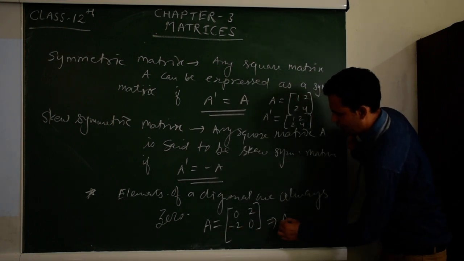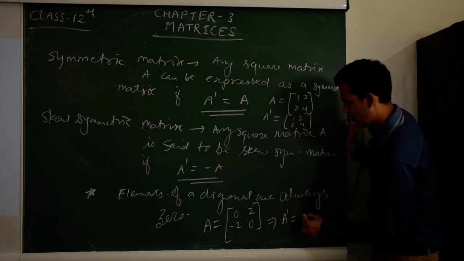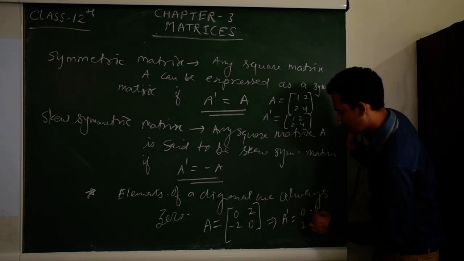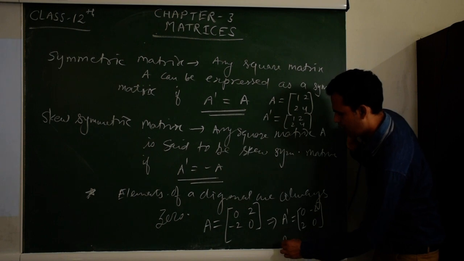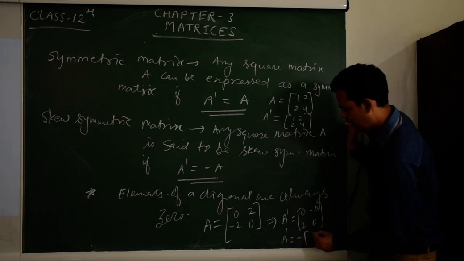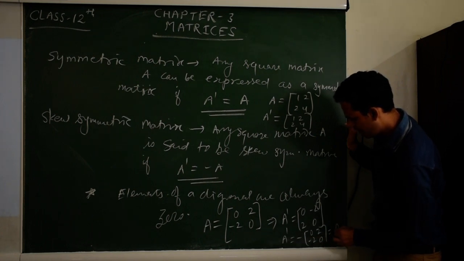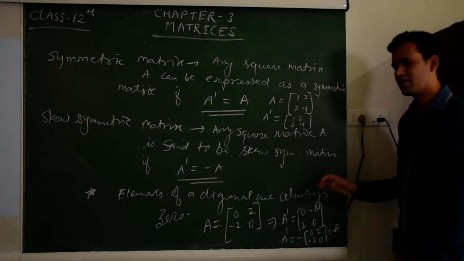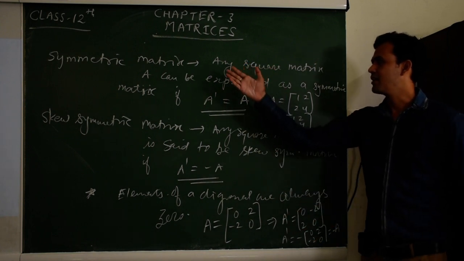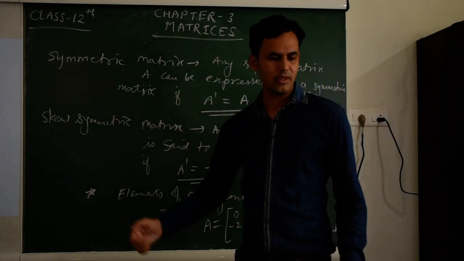So A transpose equals 0, minus 2, 2 and 0. If we take minus common, then we get minus of 0, 2, minus 2, 0. It means A dash is equal to minus A. This is called skew symmetric matrix. So, symmetric and skew symmetric matrix.